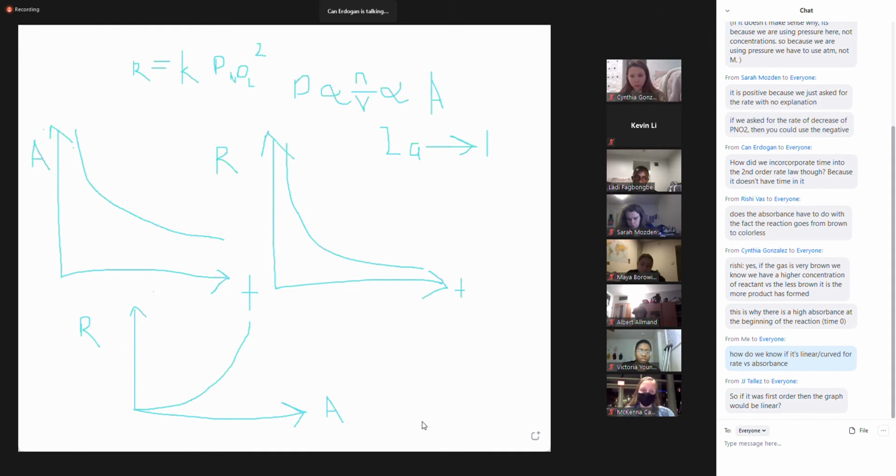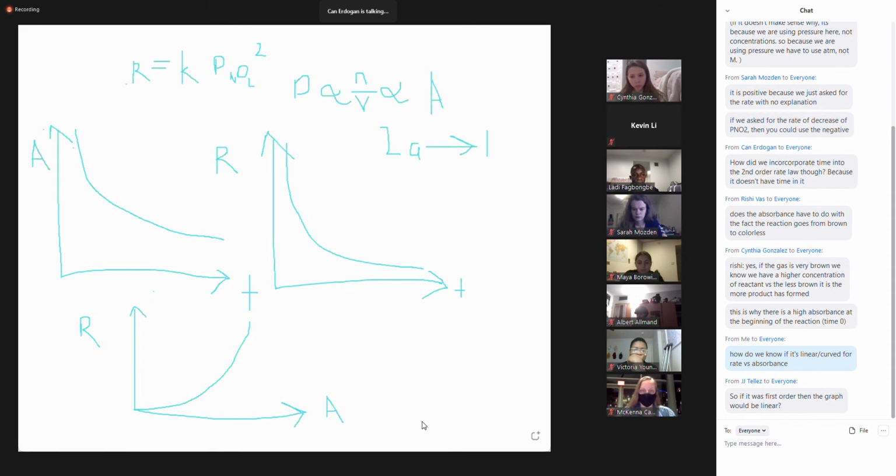So if pressure is directly proportional to absorbance to the power of 1, and rate is proportional to pressure by a power of 2, wouldn't we get a straight line? Not a straight line, but a y equals mx plus b type of line? No, and the easiest way for me to explain that is just if you look at the rate law, because we have rate equals k times pressure squared. So that's like saying rate equals a constant times x squared, which would have to be parabolic.